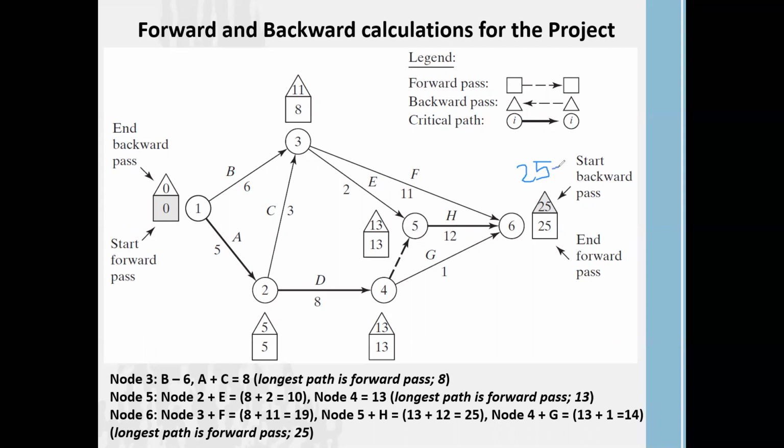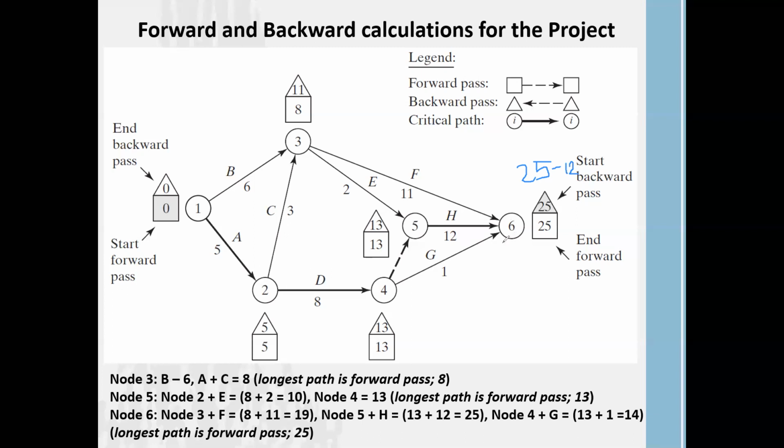If you reduce that 12 from this 25, we get 13 weeks as the backward pass for node 5. That is simple. So node 5 we can complete with a backward pass of 13 weeks.